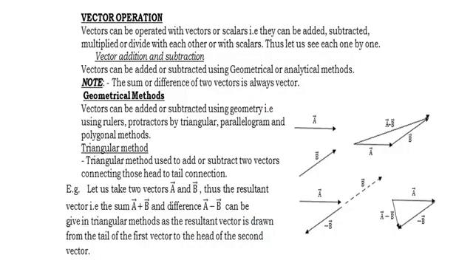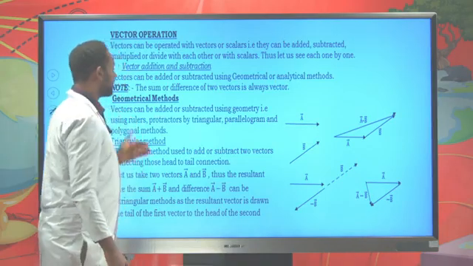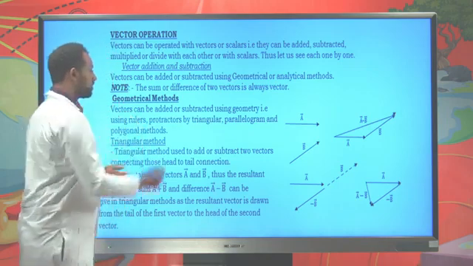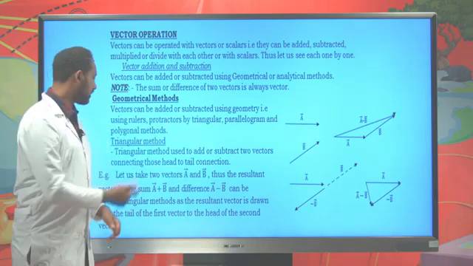Let's proceed. Now let's see vector operations. Vector operations mean how to add, subtract, and multiply vectors. It's possible to add, subtract, or multiply vectors using geometrical means and analytical means. First, let's see the geometrical means of adding and subtracting vectors.